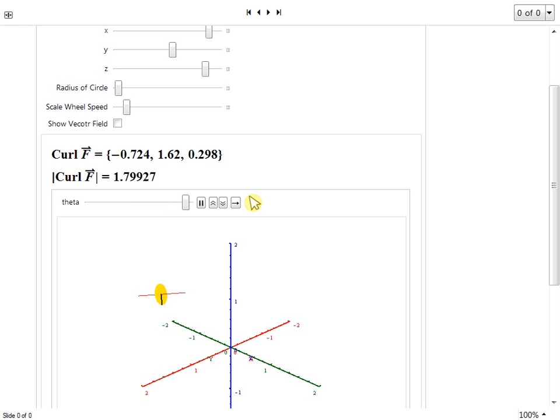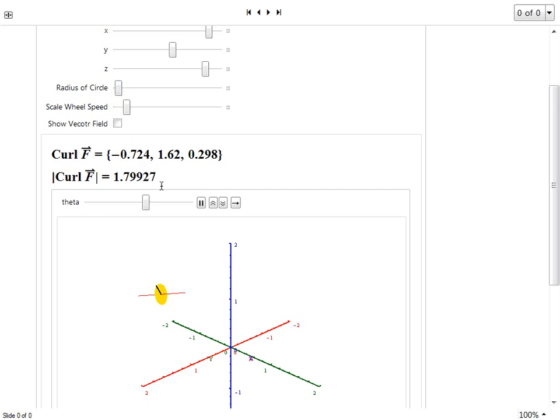The curl gives you the axis of rotation, and the magnitude of the curl gives you how fast you're rotating. So watch, if I move this, notice how it's rotating right now. It's pretty slow. My curl is 1.79, the magnitude of my curl.